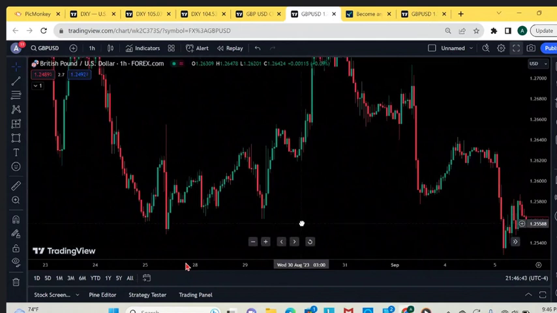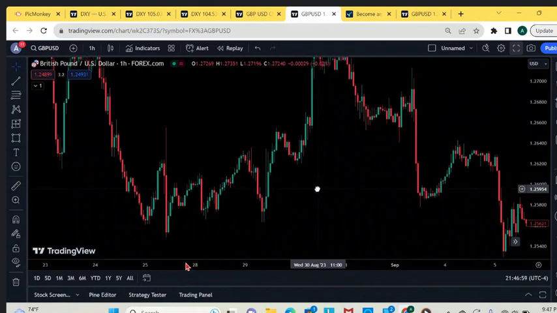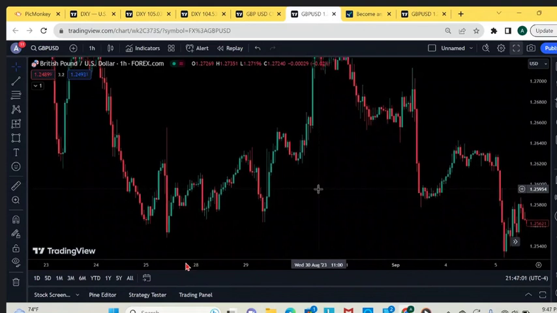See, we're on a 1 hour chart. Okay, I see it. So now we're about to mark up the bullish order block, and then we're going to find a breaker. So let's do it the same way.